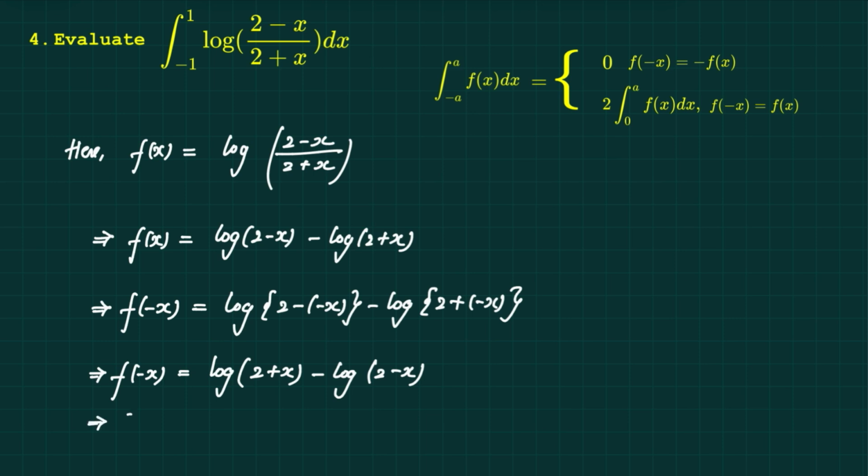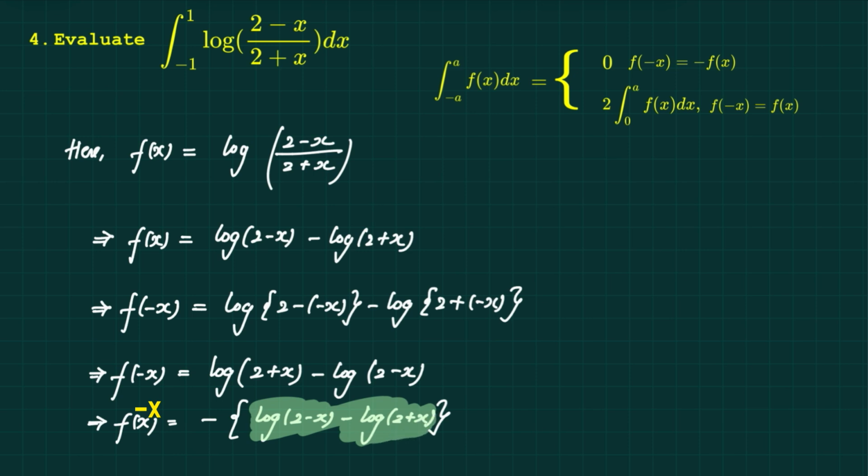So this implies f of minus x equals, let us take out minus common from these two terms, then we will have minus, and inside the bracket we will have log of 2 minus x minus log of 2 plus x. And if you notice, this particular term, log of 2 minus x minus log of 2 plus x, is nothing but f of x.